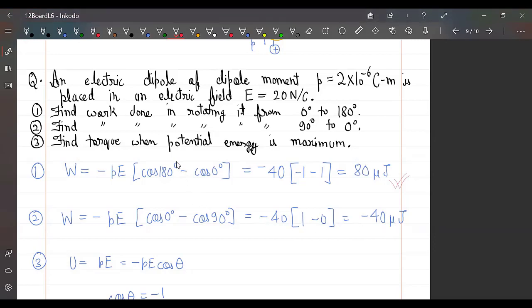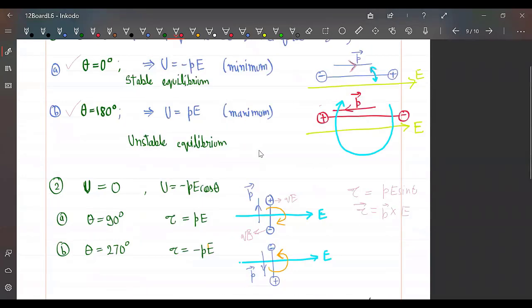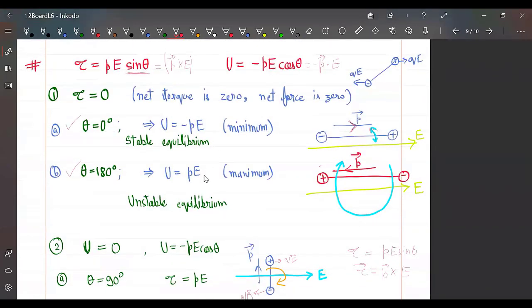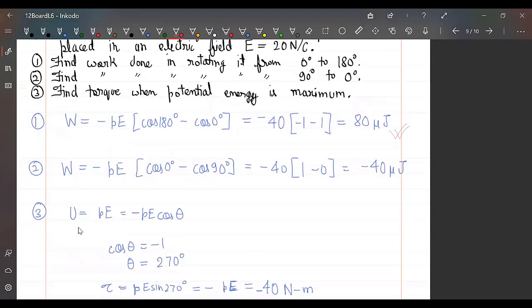Okay. Then you have to find torque when potential energy is maximum. For potential energy maximum, it was the case when theta is equal to 180 degrees. For theta equal to 180 degrees, potential energy will be minus PE cos 180.